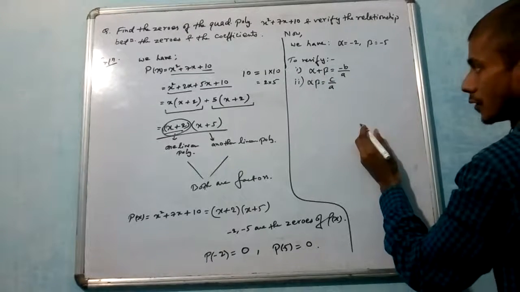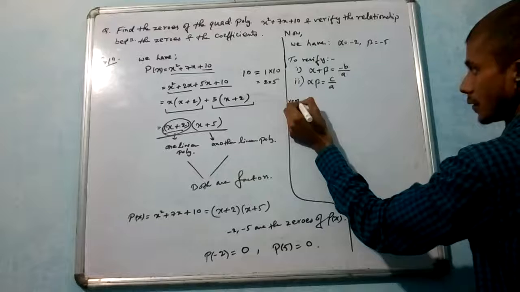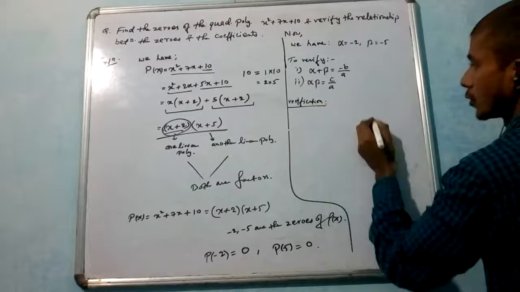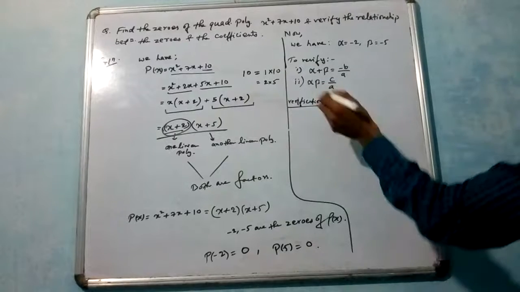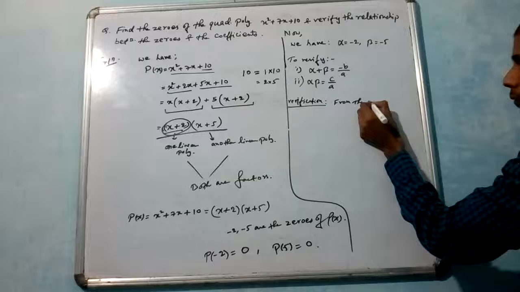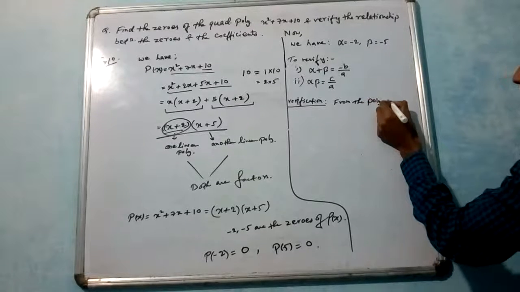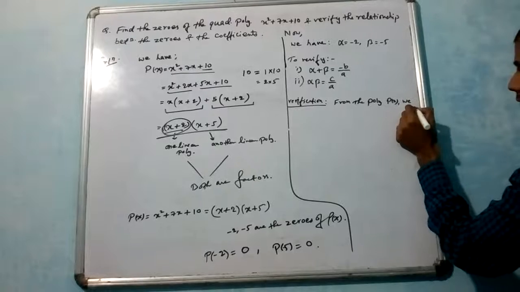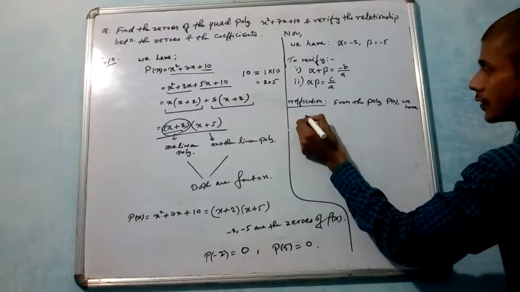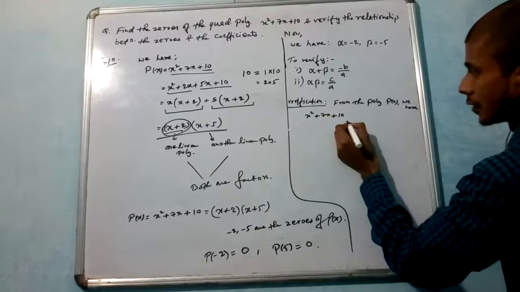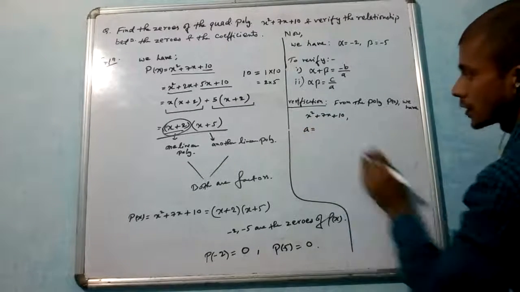Now verification. How will we do verification? From the polynomial p(x), we have x square plus 7x plus 10.